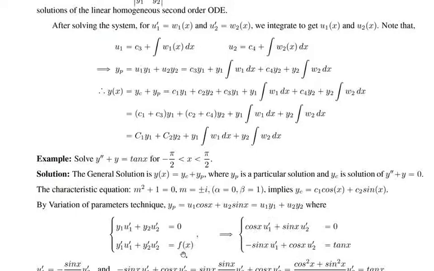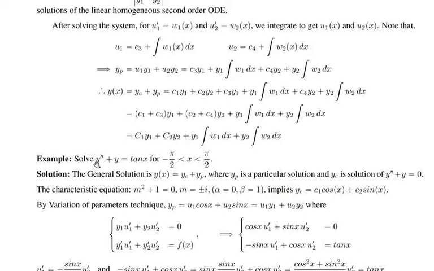As for f of x, to define it correctly, recall that the ODE has to be written in standard form. Here our ODE is already in standard form because y double prime is multiplied by 1. But if you had any other constant or function there, you cannot define f of x before dividing by whatever multiplies y double prime.